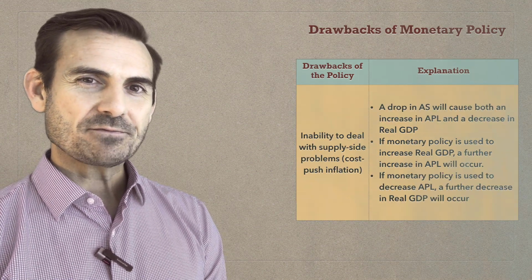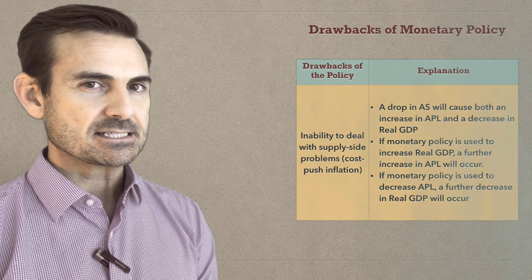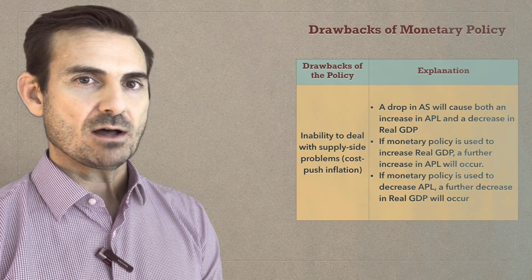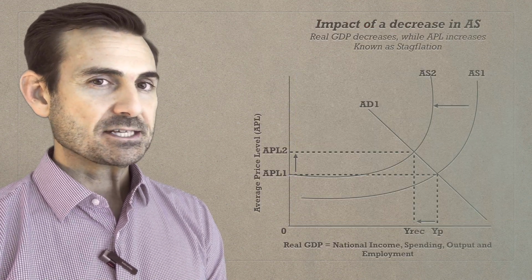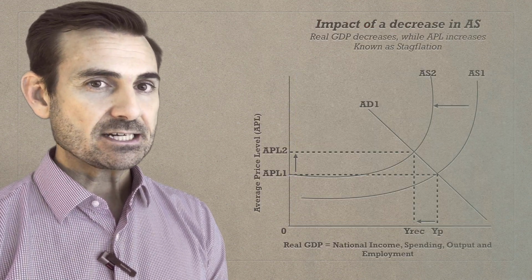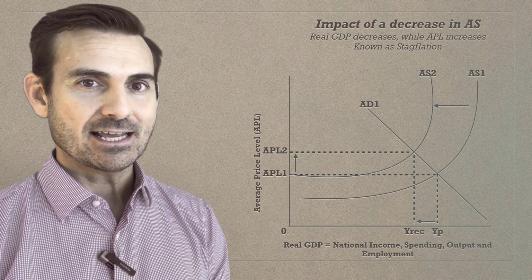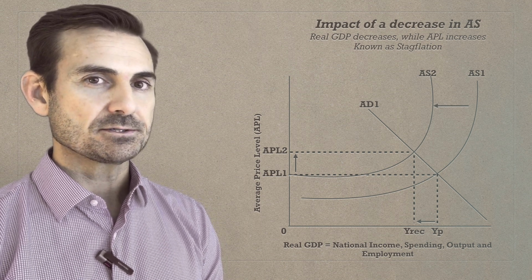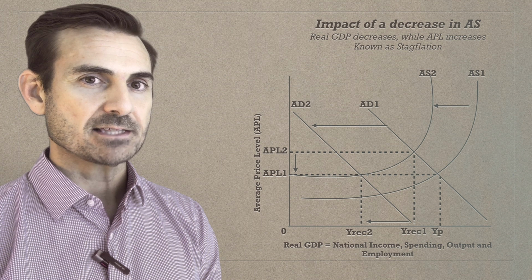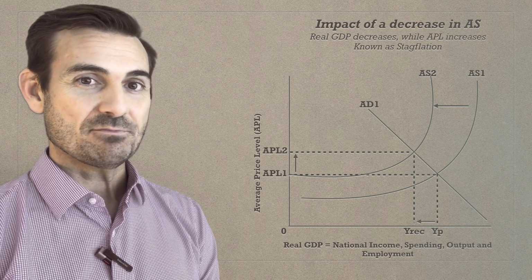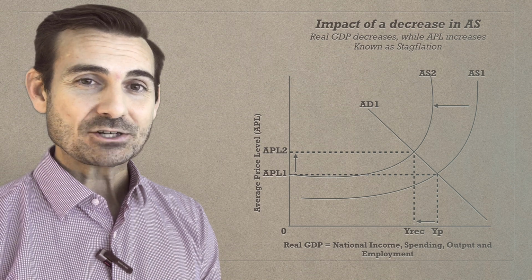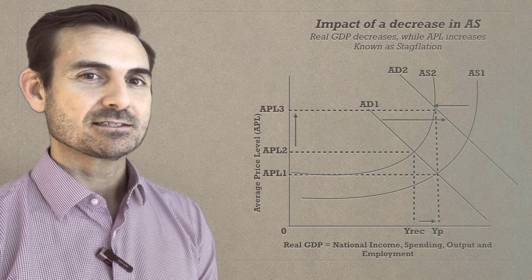Also, much like fiscal policy, monetary policy does not do a very good job of fixing the problems associated with supply-side issues. Remember that when aggregate supply decreases, there's an increase in price levels and a decrease in output. If monetary policy was used to try to decrease price levels, it would lead to an even further decrease in output. And if monetary policy was used to try to increase output, price levels would rise even higher.